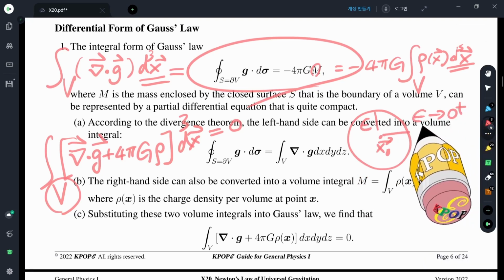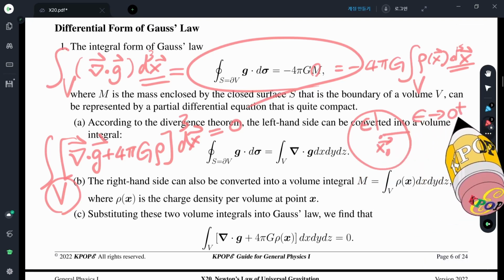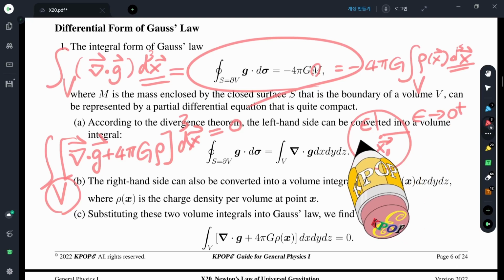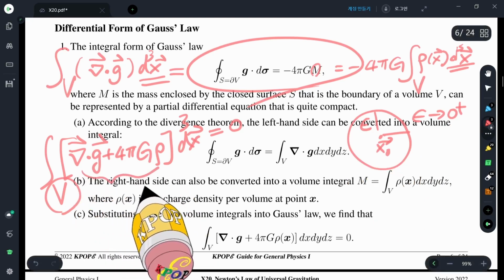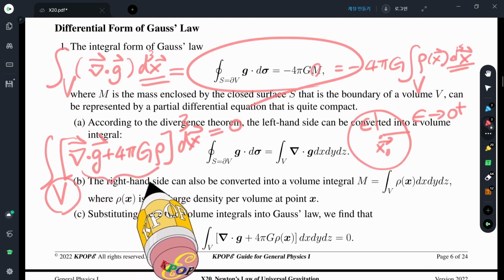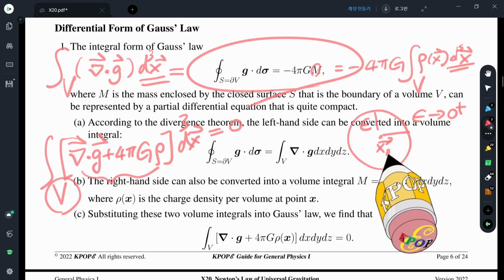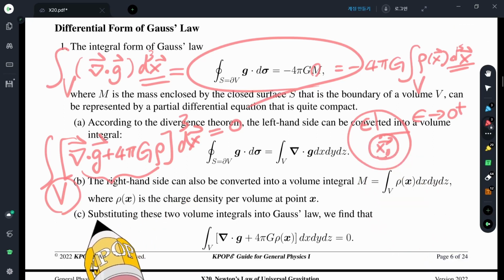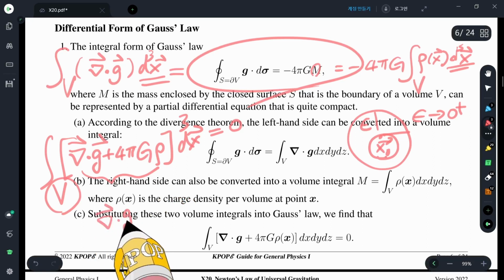So if we decrease this epsilon, it is not 0. Not at all, it is not 0, but it is approaching 0. Then this integrand is frozen to a fixed value, evaluated at x equals x0. So the integrand can be pulled out of the integral.